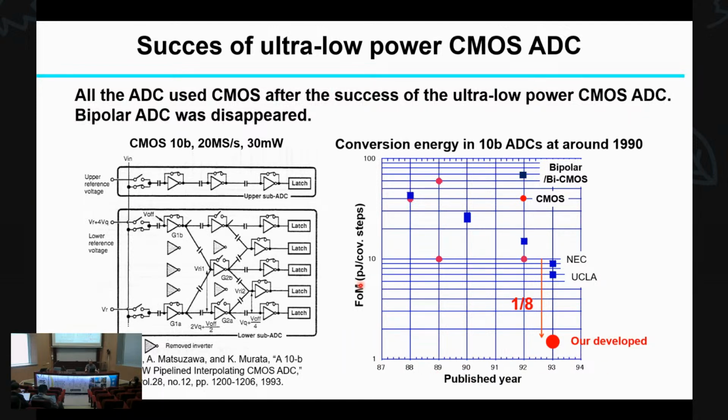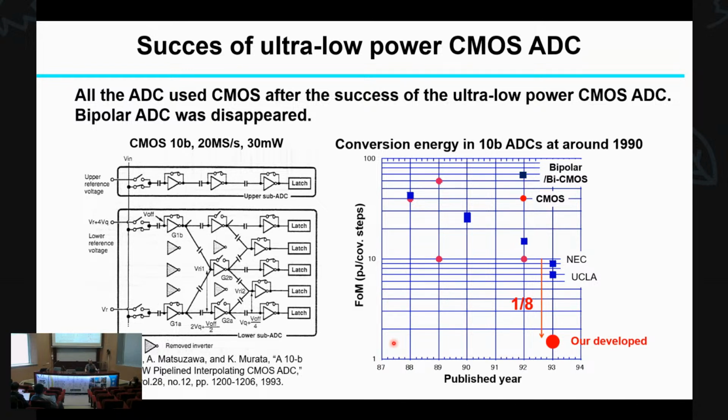And currently, to express the performance of the ADC, we use energy per conversion. However, this is the first article, presented in San Francisco, that shows how this ADC can reduce power.